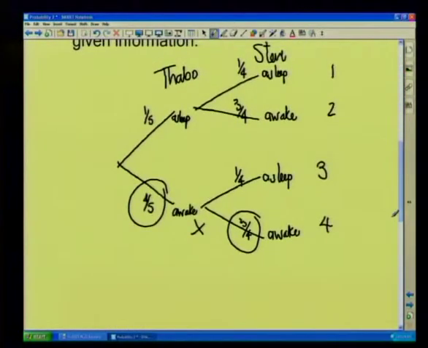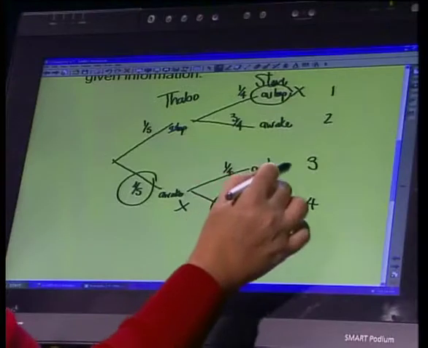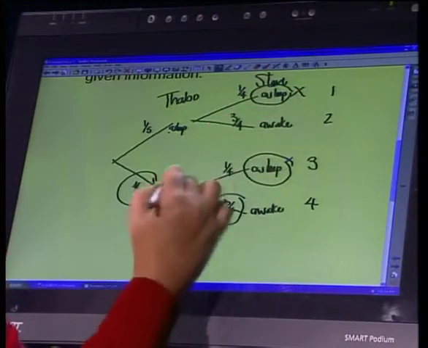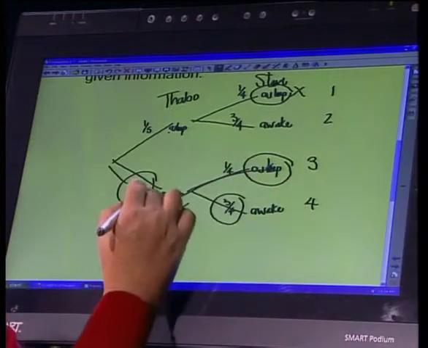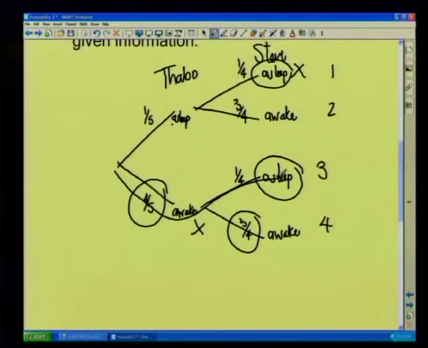Okay, it's either this one. No, it can't be this one. It can't be that one because there Taba's asleep too. This one, where Steve's asleep, Taba's awake. So it's this combination. So it's going to be Taba awake and Steve asleep. So it's going to be 4/5 times 1/4.